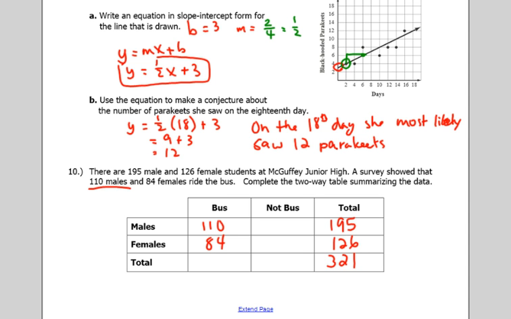So I can total those, that's 194. And now to get the students that don't ride the bus, I take 195, my total number of males, minus 110. So 85 boys do not ride the bus. And then females, I take 126 and subtract 84, and I get 42, and then I add those up. So 127 students total do not take the bus.